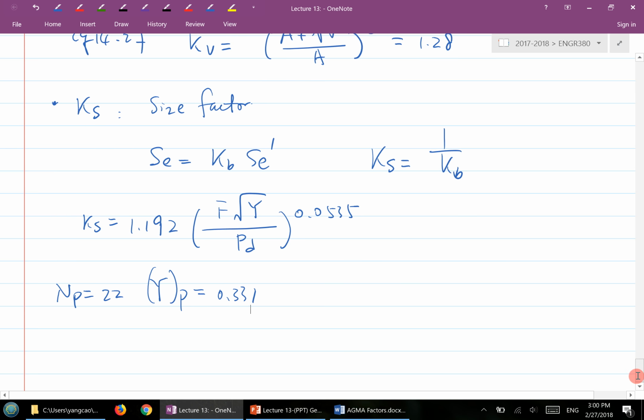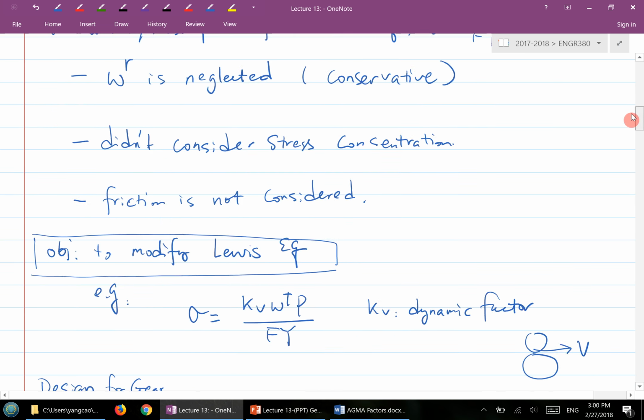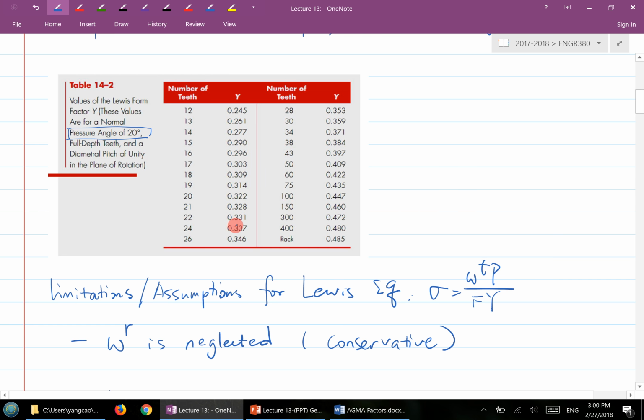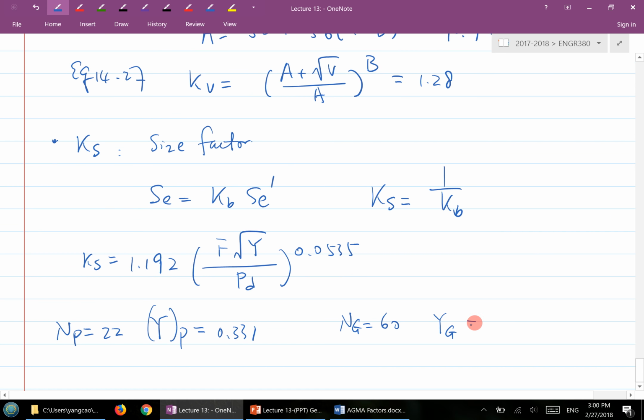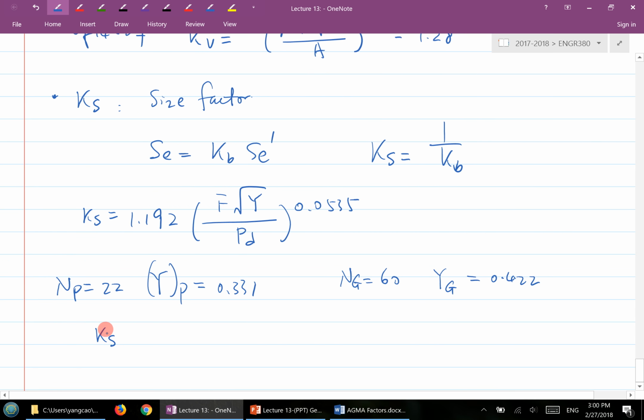If you look at the table at the top here, for 22, it is 0.331, right? That's the Lewis form factor. And NG is 60, so then you can get your YG, which is 0.422. Okay. So plugging YP and YG into this one here, we can get the Ks for the pinion, which is 1.091, and the Ks for the gear, which is 1.098.